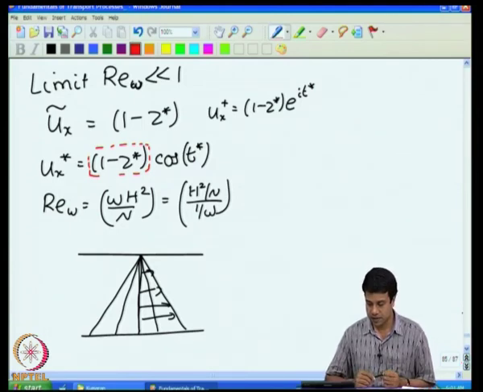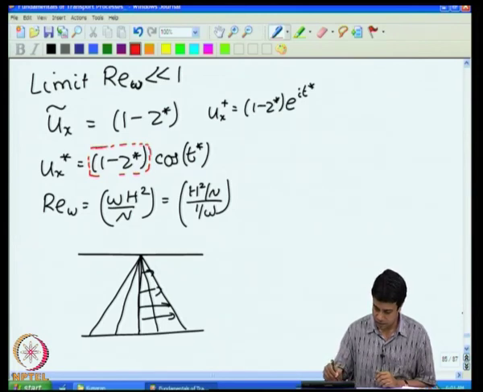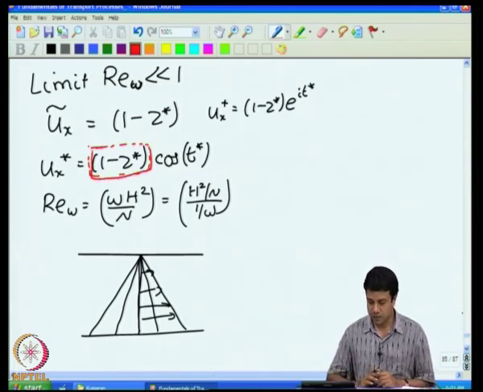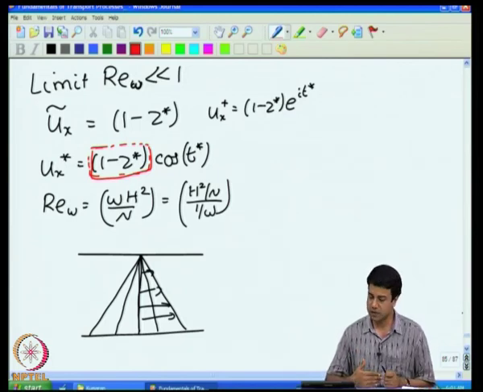In that case, you just get the solution as the steady solution, 1 minus z times cos t. Okay. If the steady velocity were u x equal to 1 on the bottom surface, the steady solution would have been 1 minus z. However, the solution is varying in time, and so I am just getting 1 minus z times cos t.